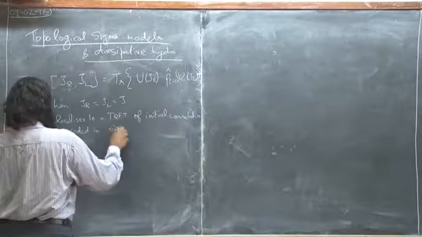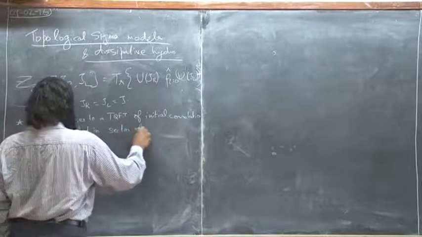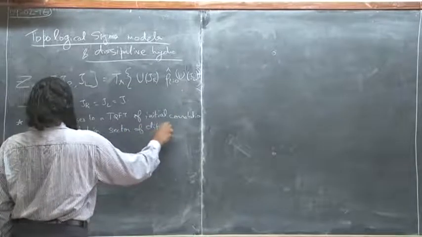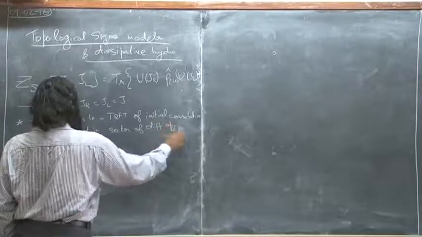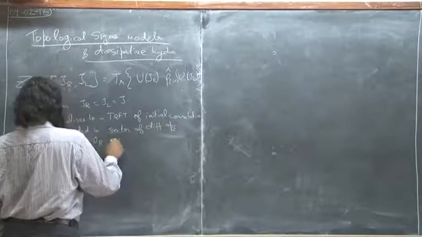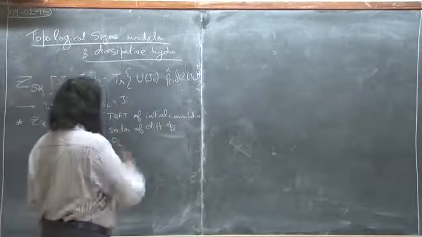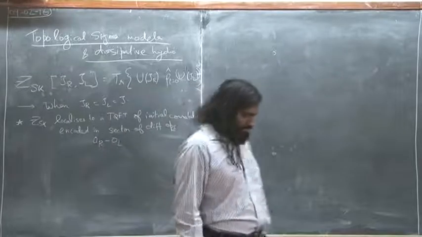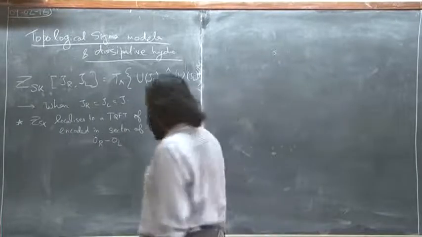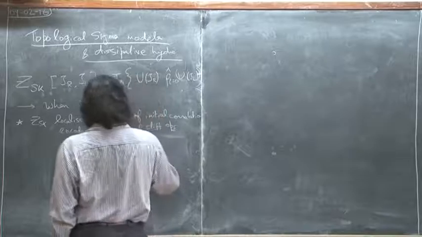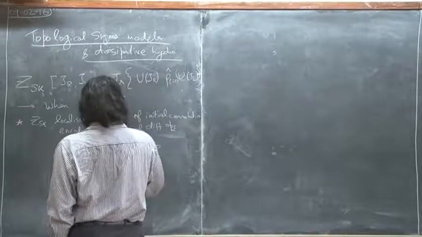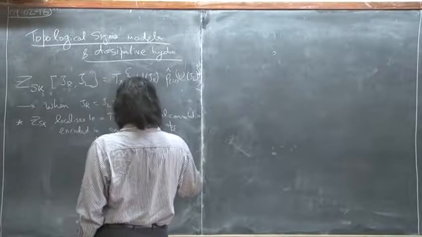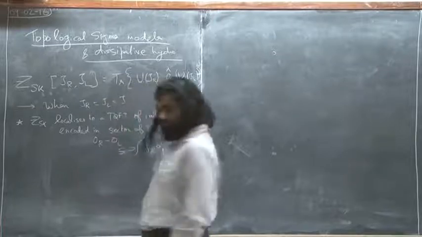in the difference operators, O_R minus O_L, where O_R corresponds to the coupling to J_R and O_L is the coupling to J_L. Let me just clarify this question which was asked yesterday.